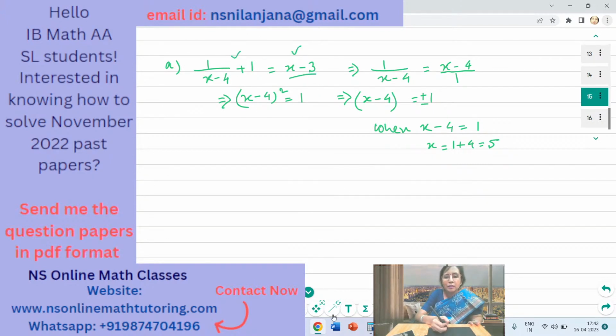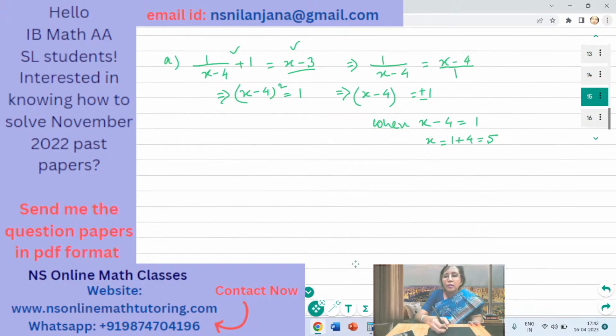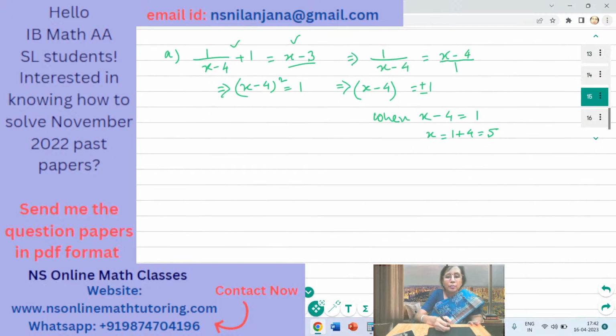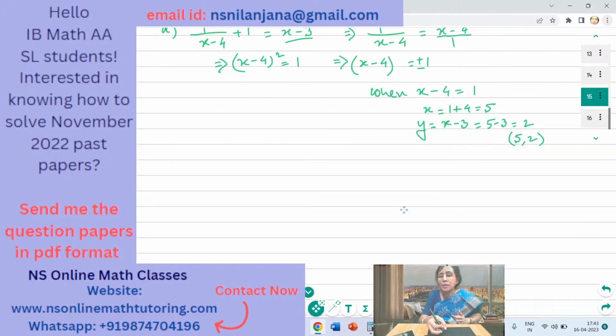Let me take this. So y is equal to x minus 3, which is 5 minus 3, or 2. So the point coordinates will be 5, 2. And I don't know which point this is.